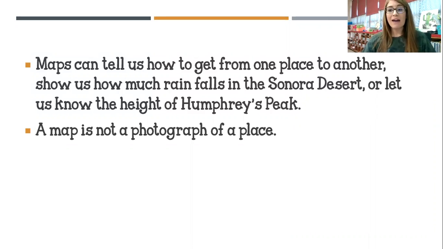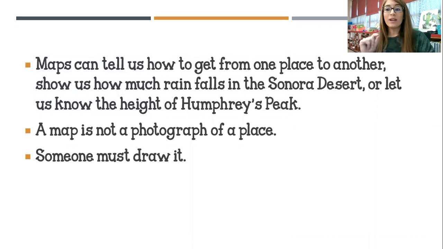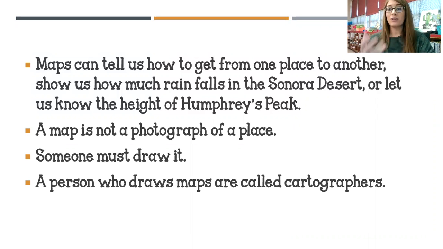No, maps have to be drawn. They are drawings, they are not pictures. Okay, so it's very important to know the difference. Someone has to draw it, and the name of the person who draws it is called a cartographer. Cartographers are the fancy name for mapmakers, or those people who draw maps.